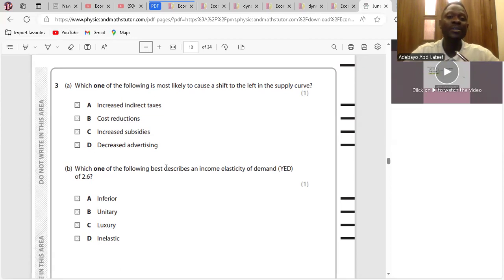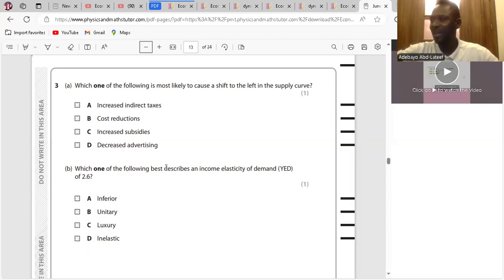Cost reduction will bring about a rightward shift in the supply curve. Increased subsidy will bring about a rightward shift in the supply curve. Decreased advertisement will affect demand mostly. Decreased advertising would reduce cost, which will also increase profitability, and firms might be able to spend more on output.